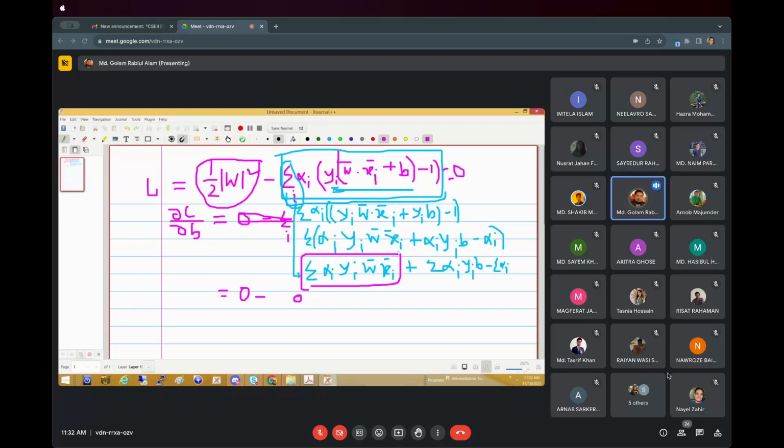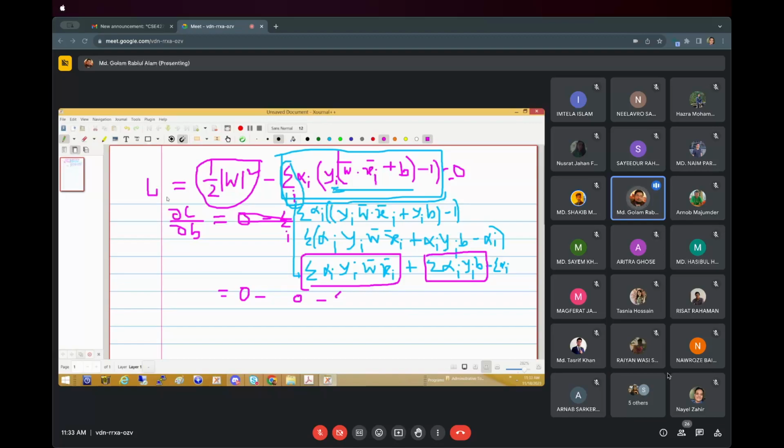Okay, and then we can see it here, this part, it is summation of alpha I. So that means we have to write here summation, so here is a b.